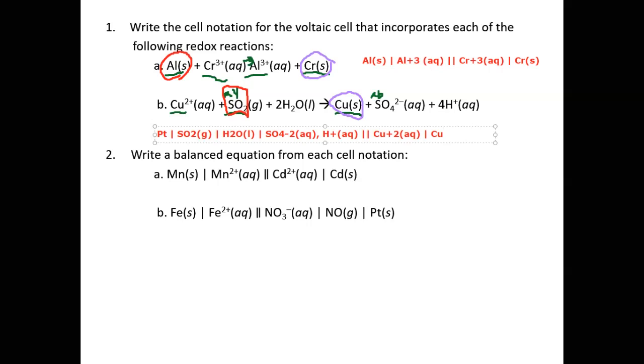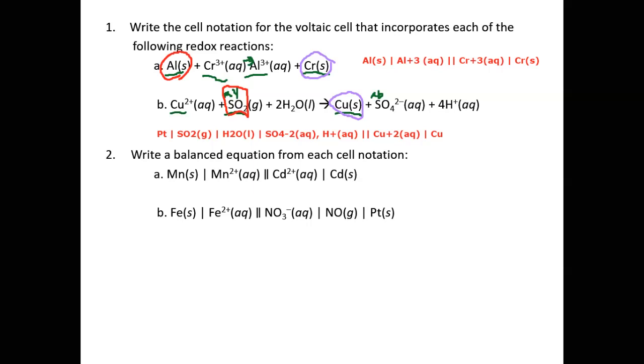Again, the way we know that sulfur is being oxidized is because in SO2, sulfur is a +4, and in SO4 2 minus, sulfur is a +6. Now, on the second example, we're going to write a balanced equation from the cell notation.